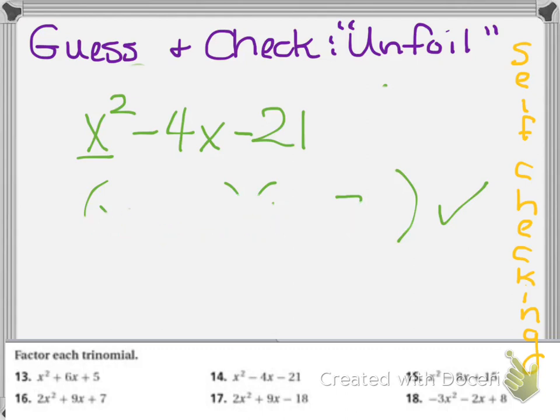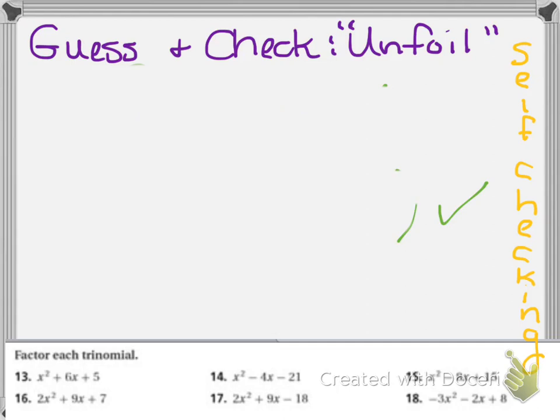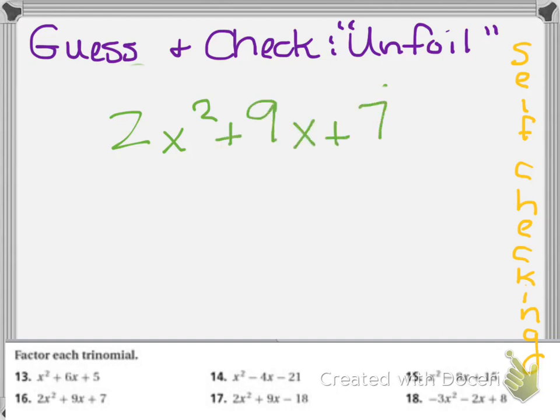All right, let's do number 16 because it's a little bit more complicated. Not bad. 2x squared plus 9x plus 7. Factor it. Everything's plus, so I know I'm going to have a plus sign here and here. My first terms multiplied together need to give me 2x squared. So my only options are 2x times x.